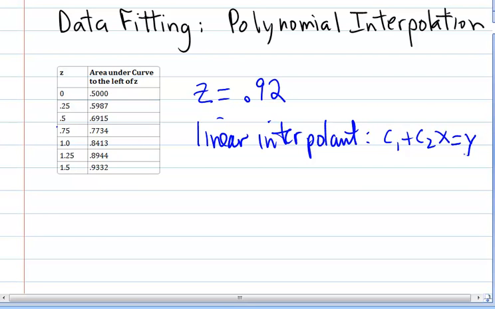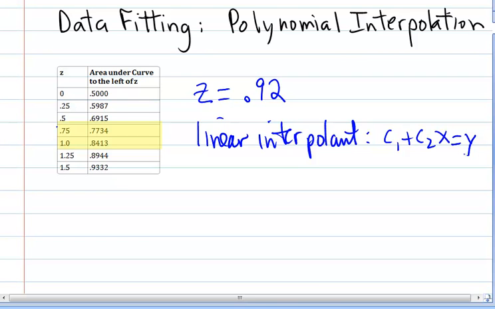So for the linear interpolant, I need two data points, and I'm going to choose these, the 0.75 and 1, that is the data points with the z value just below and just above the 0.92, which is what I'm trying to find. If these data points lie on the graph of the model, it means that they satisfy the equation.